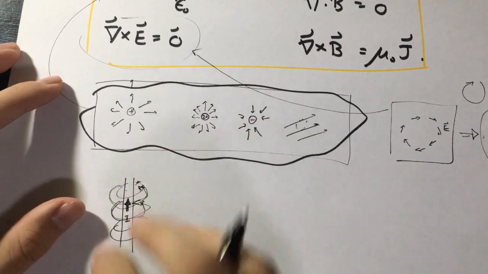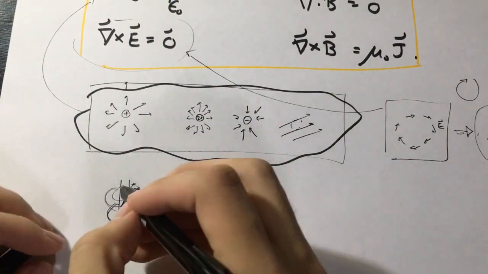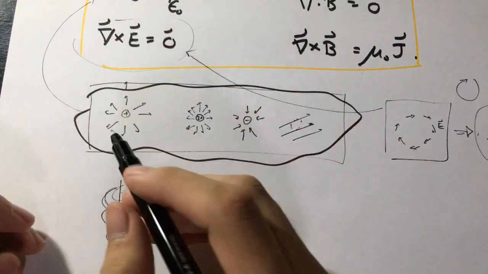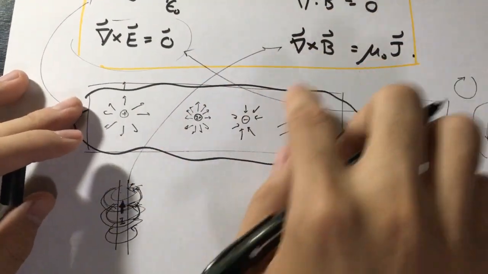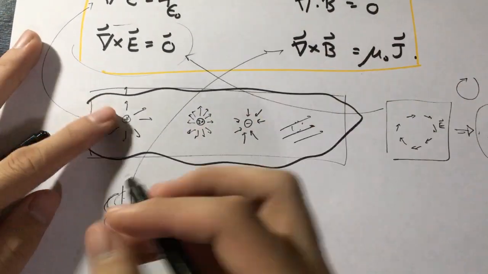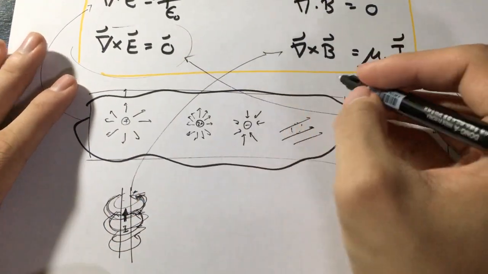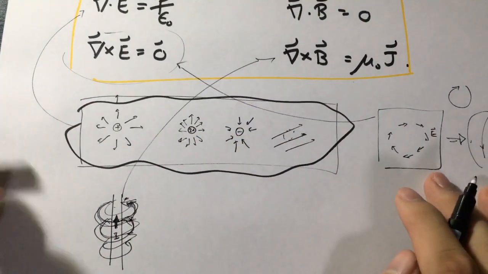So more current equals a stronger magnetic field, or basically a magnetic field that loops around a lot more. The loops are stronger. Basically, this equation tells you that the magnetic field that is created will be looping around a current. It also tells you the shape of the magnetic field, that it tends to be in a circle.